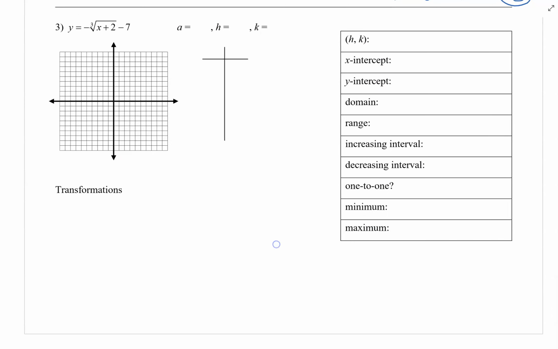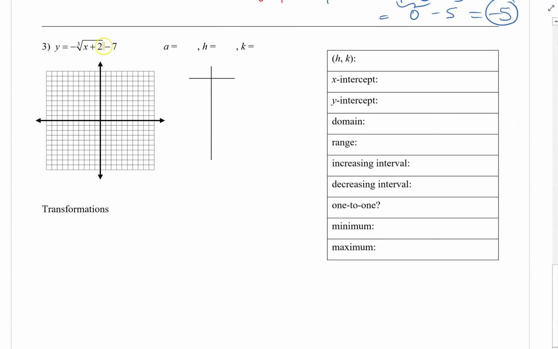Okay, so then in number 3, again, when you come across an equation like this, you need to identify what the parent function is. And especially now that we're going to have a combination of root functions, square root and cube root, you really need to pay attention to the index to tell yourself, okay, this is not a square root, this is a cube root parent function.